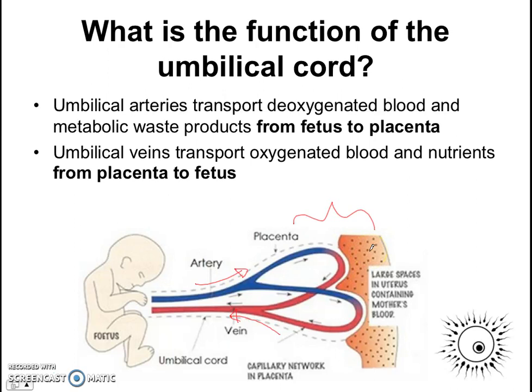The umbilical vein will transport oxygenated blood and nutrients from the placenta to the fetus. So oxygen and nutrients will diffuse from the mother's blood into the fetus's blood at the placenta. Then the umbilical cord, the umbilical vein in particular, will carry those oxygen and nutrients to the fetus.